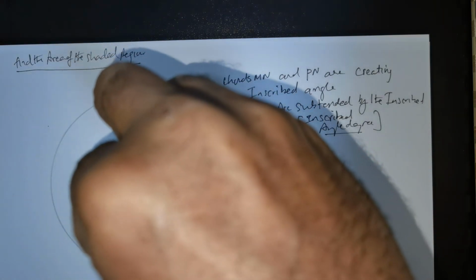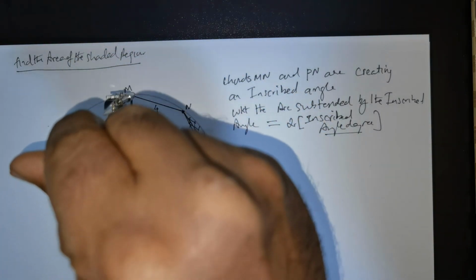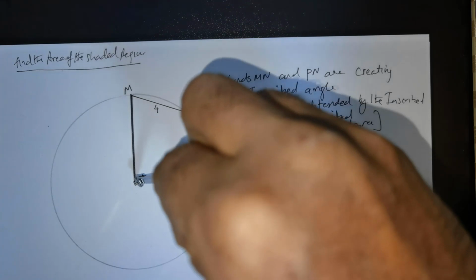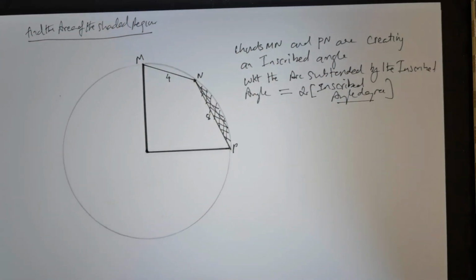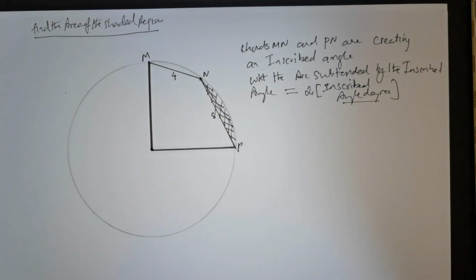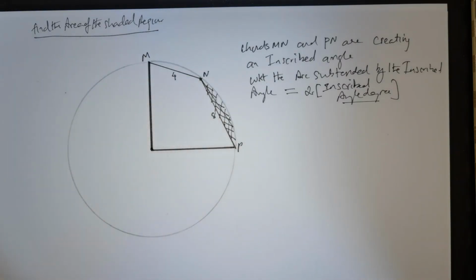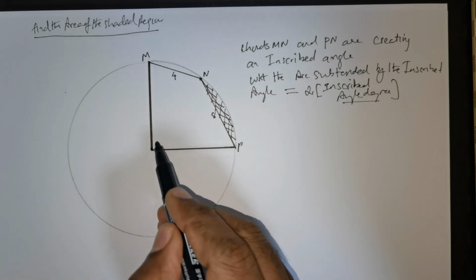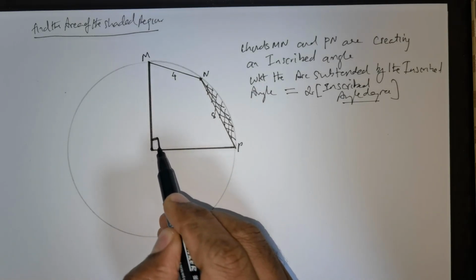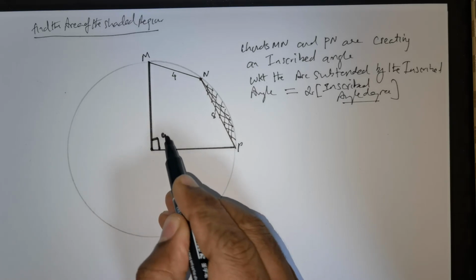So we got an arc here, right? There is an arc that has been created. So this quarter circle has an angle of what? Because this is the central angle. This central angle is 90 degrees.